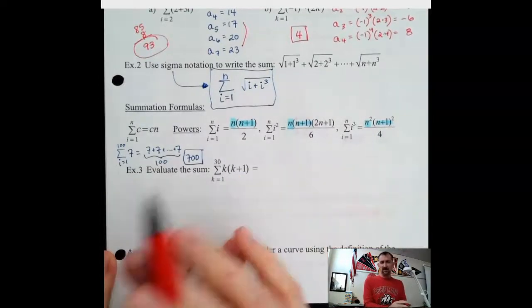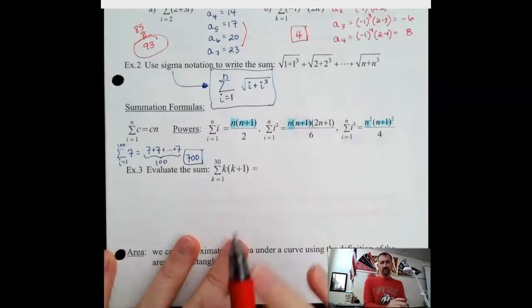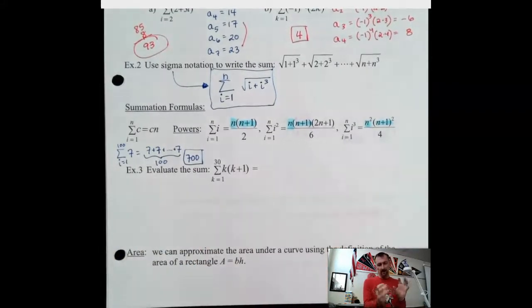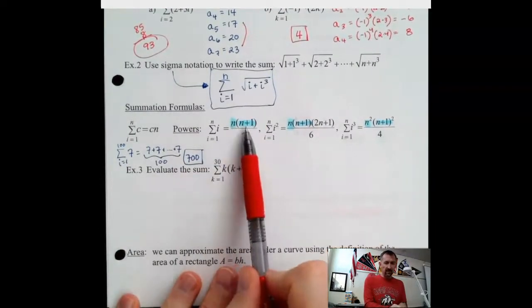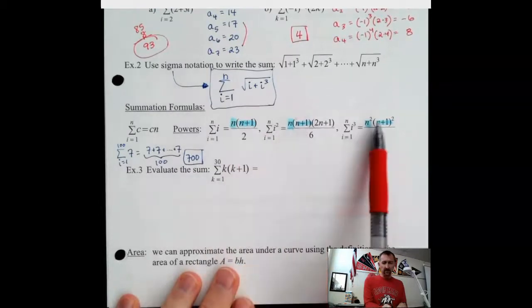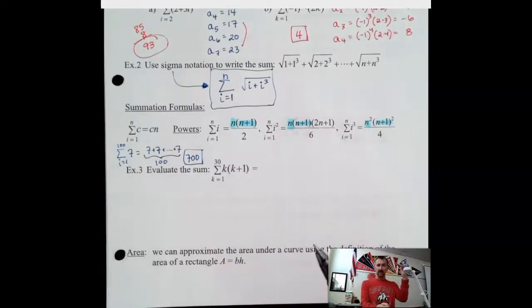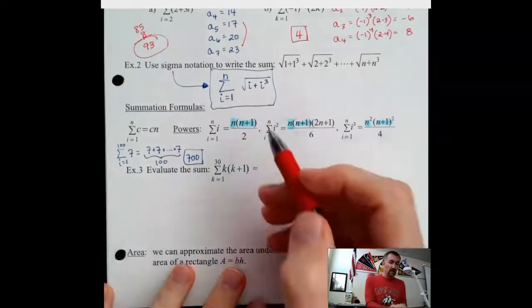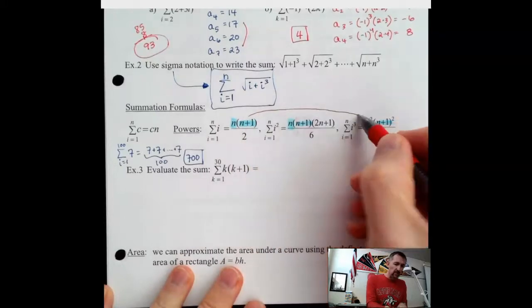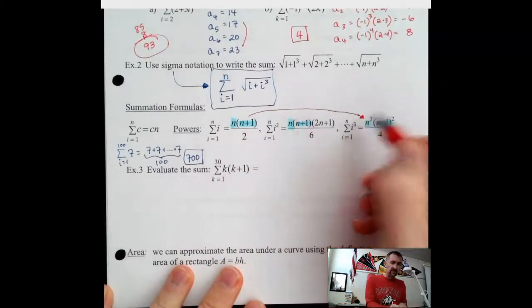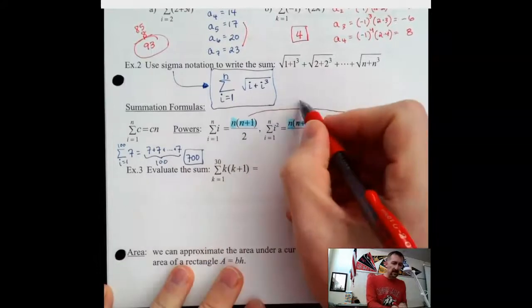Now that sounds like a lot, but if you memorize all 3 of these together at one time, I don't think it's as big a deal as memorizing 3 separate things. So first of all, all 3 of the formulas have n times n plus 1. That's the first thing I'm going to remember. The next thing I remember is that the formula for i cubed is the formula for i squared.